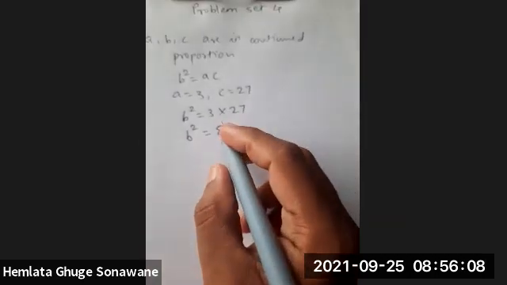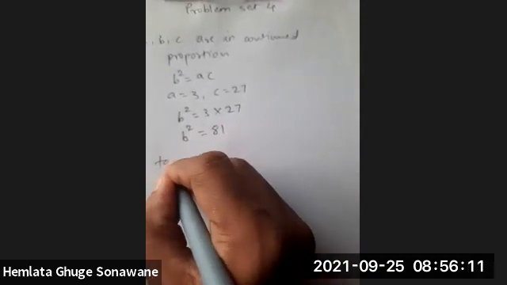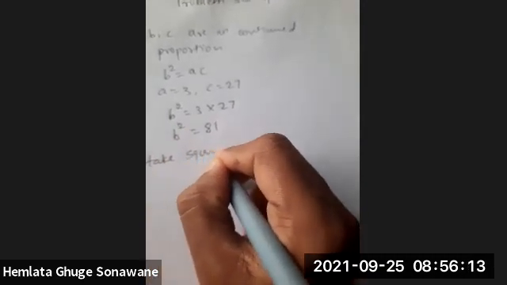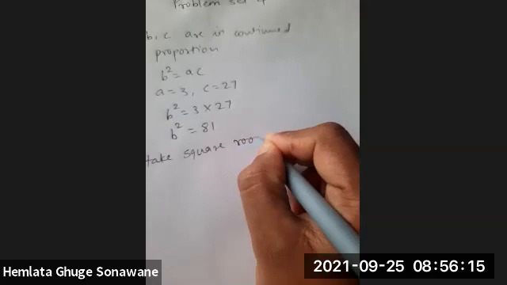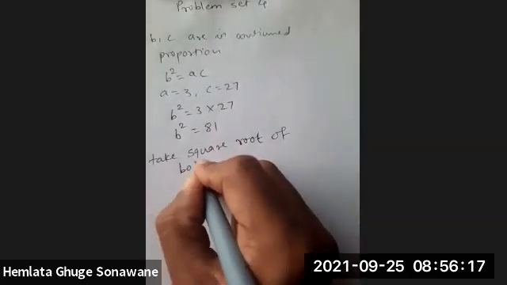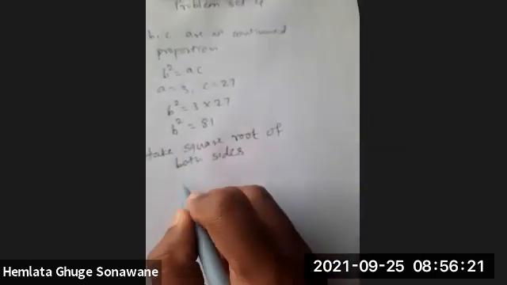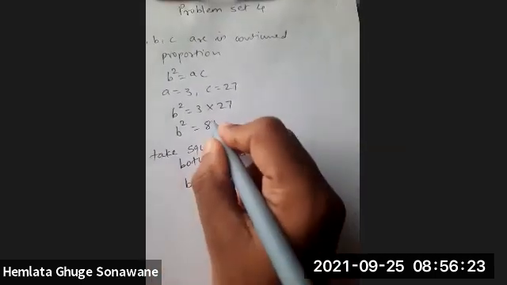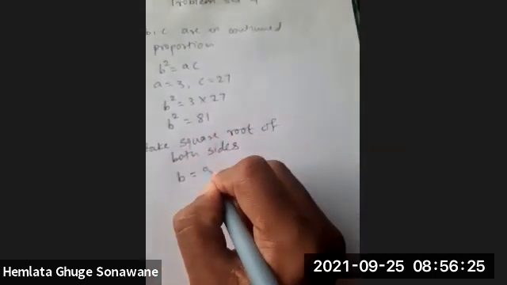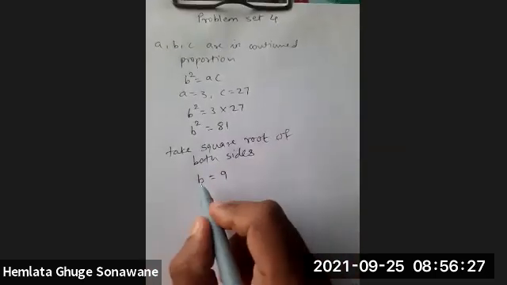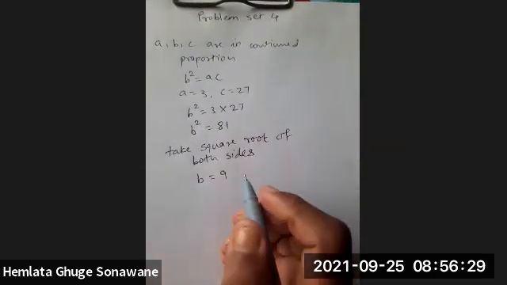Now we'll take the square root of both the sides. So B square becomes B, and 81 is the square of 9. So we have got the value of B as 9.